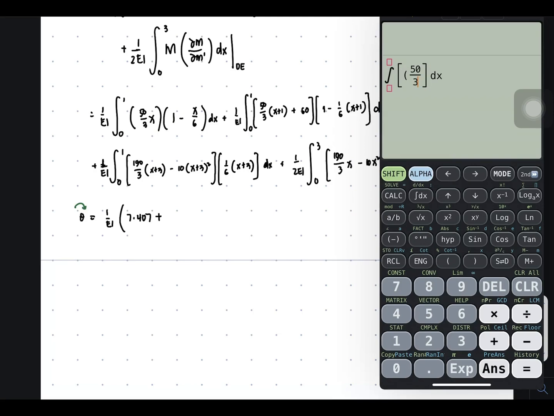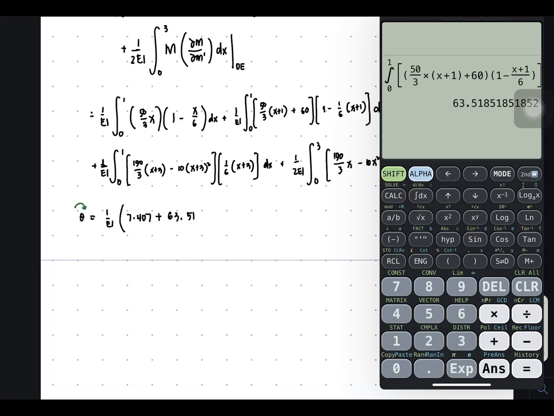It is the integral of 50 over 3 times x plus 1 plus 60 times 1 minus x plus 1 over 6, close it from 0 to 1, limit.